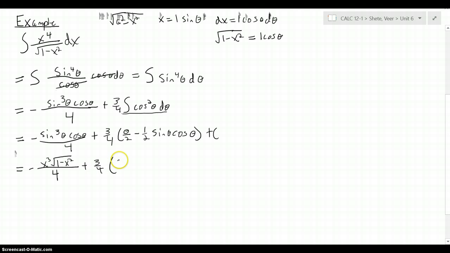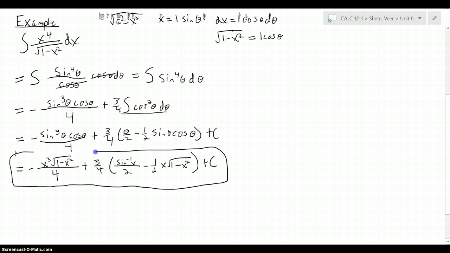So we'll have arc sine of x over 2 as our theta in terms of x, minus 1/2, once again sine theta is simply equal to x, so minus 1/2 of x, and then once more cos theta in terms of x is equal to root 1 minus x squared, and then that entire bracket plus c. And using our trigonometric substitution, that is our integration value for the integral of x to the 4 over root 1 minus x squared dx.